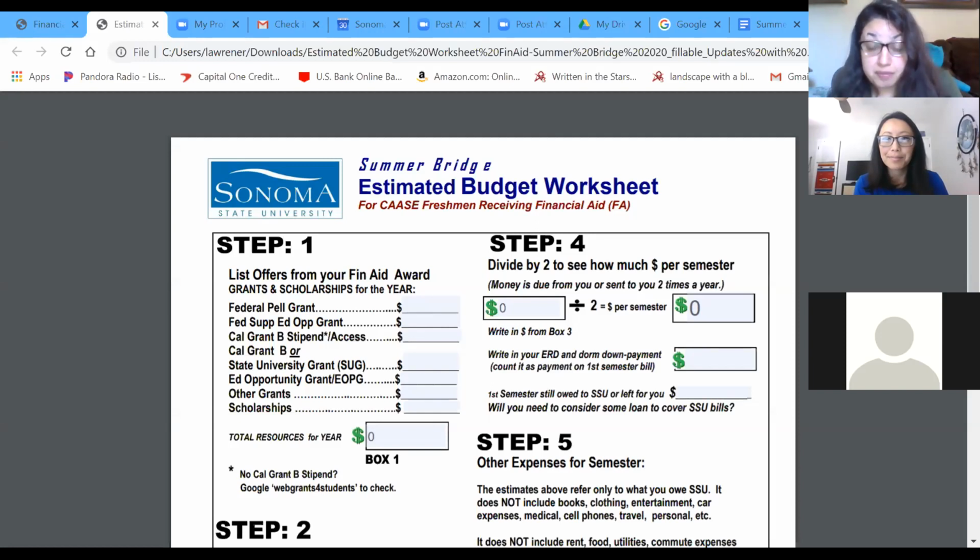And then on the flip side, maybe you have more than enough because you got those scholarships, you worked your butt off, and you were also awarded grants. Maybe you got more than enough to cover your cost of attendance. With that, you might actually get a refund check. How that works is your financial aid package is disbursed, and then everything is paid, tuition and whatnot, until it is exhausted.